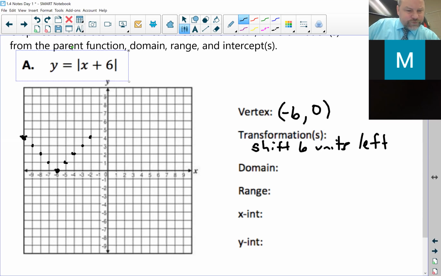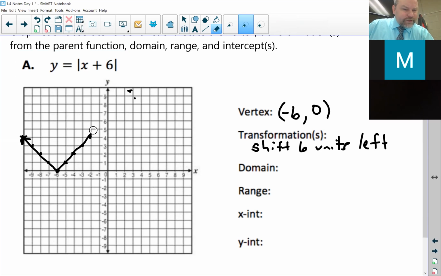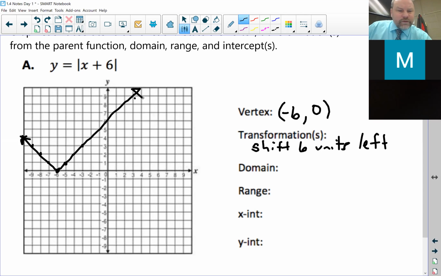So I did a few more than 2 on each side. I did a bad job graphing. That's better.